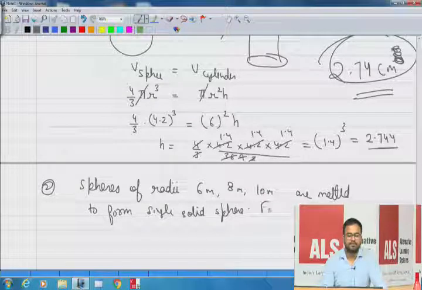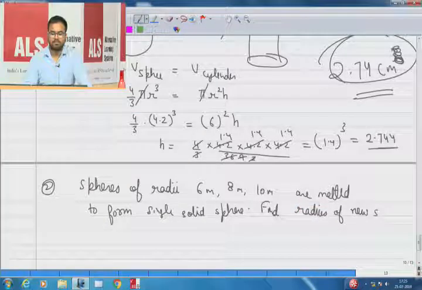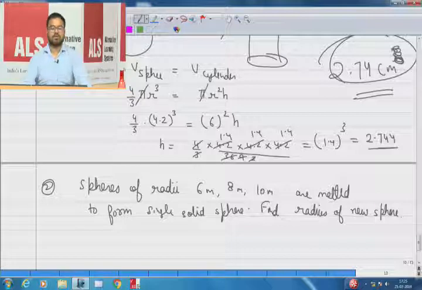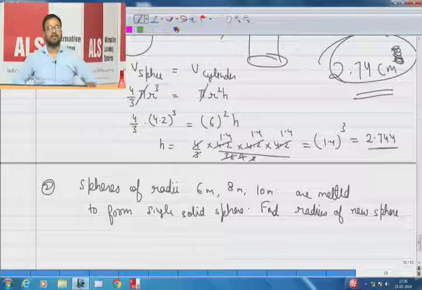Find the radius of the new sphere. Three spheres are there having the radii 6, 8 and 10. They three got melted and converted into a single solid sphere. You have to figure out the radius of that single solid sphere.